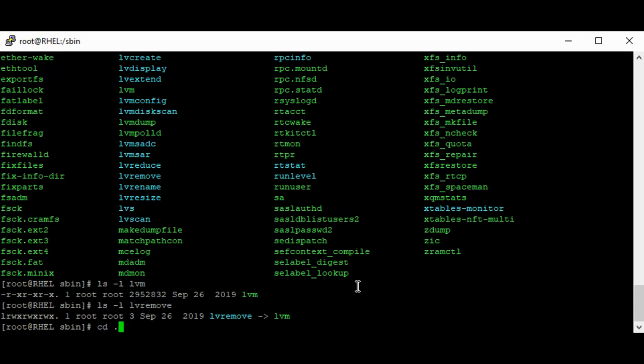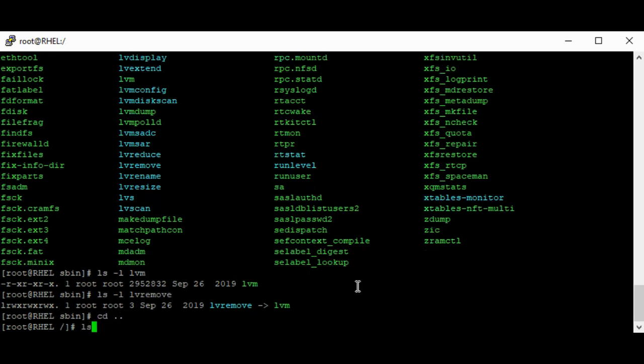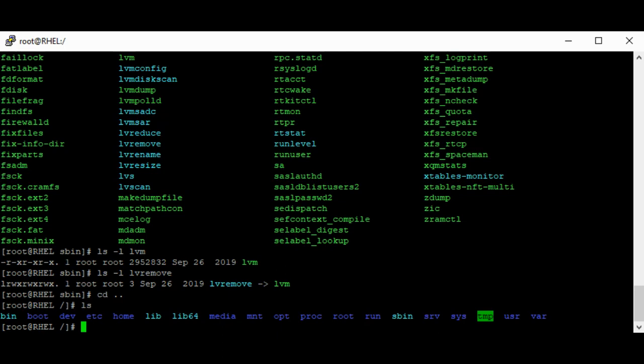So now let's look at the next directory, which is the boot directory. The boot directory stores all the necessary files that are needed to boot the operating system. You have the bootloaders and the system kernels in this directory.